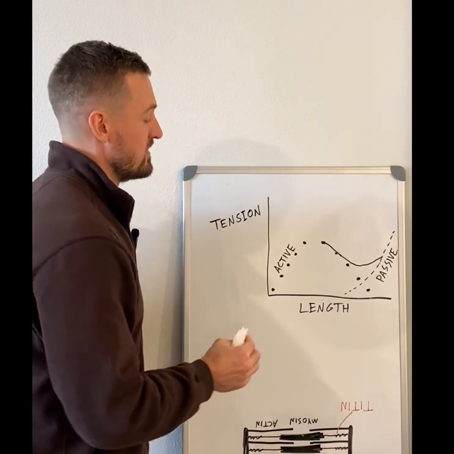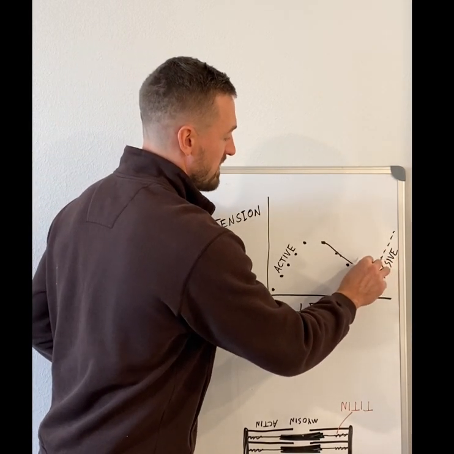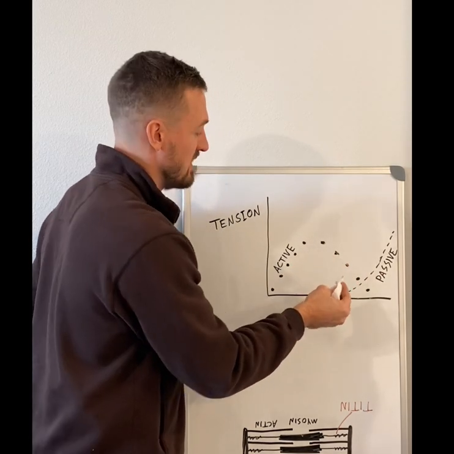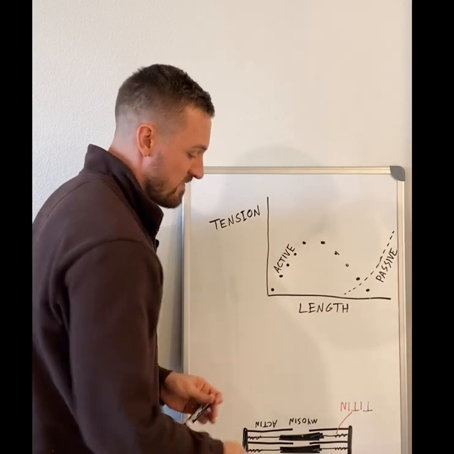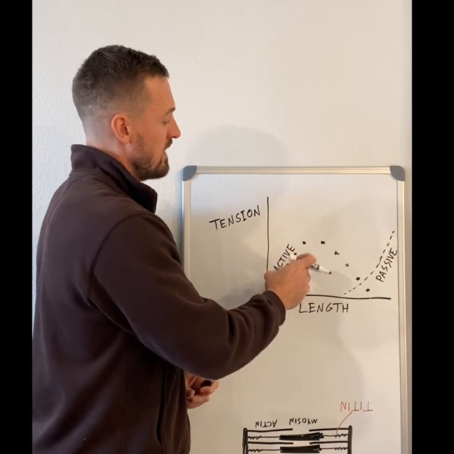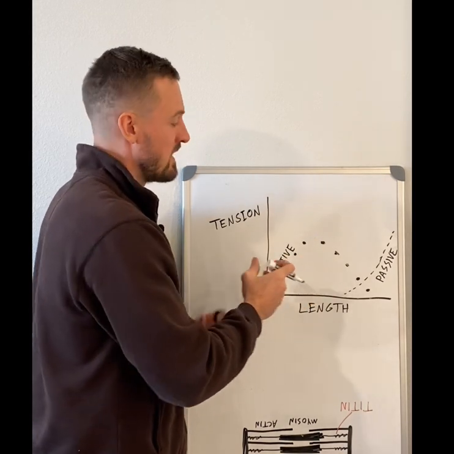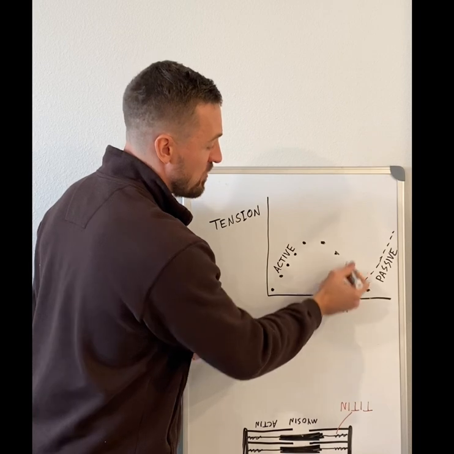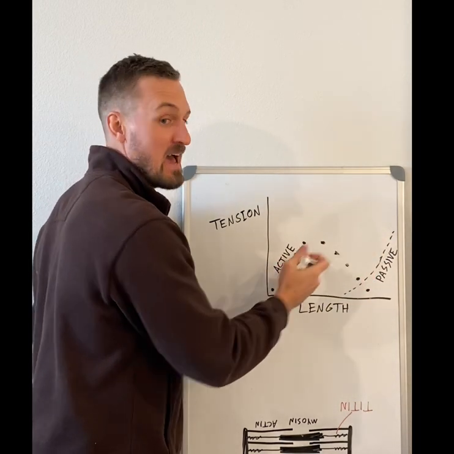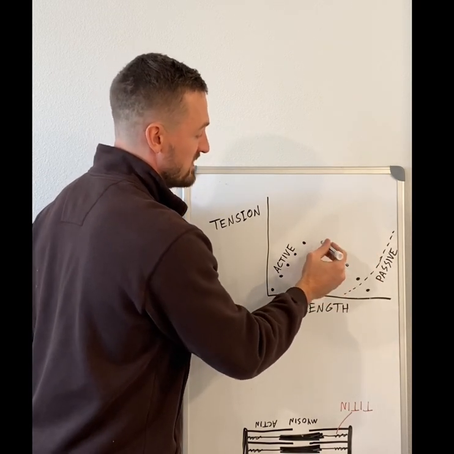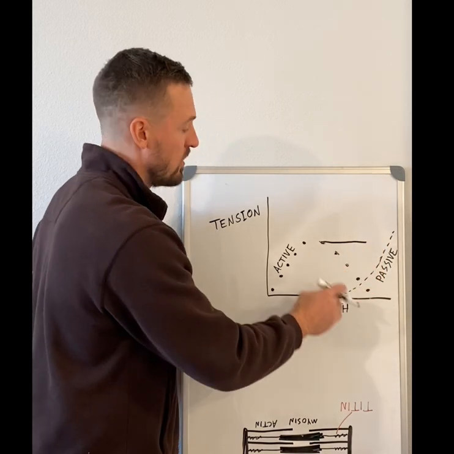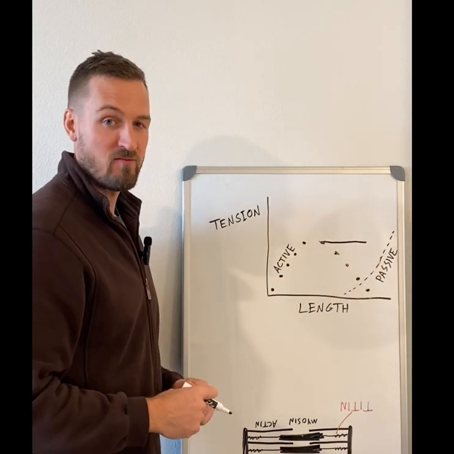And then there's this other bit of data that really does not make sense. And this comes from the isometric testing that I was talking about. And so what they found is if you activate the muscle fiber at a shorter length, then you lengthen it like out here, and then you do the isometric testing immediately after lengthening it, they found that this tension will actually stay really high out here where the active tension is supposed to be dropping off.